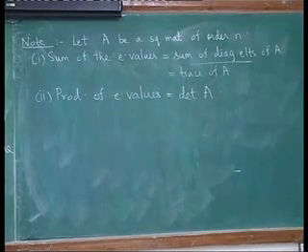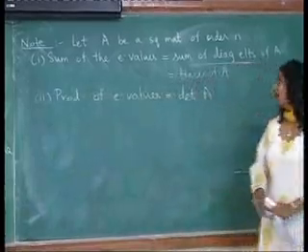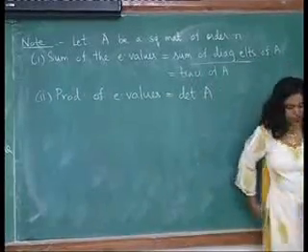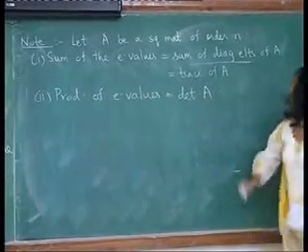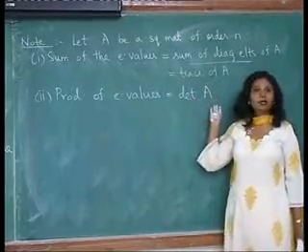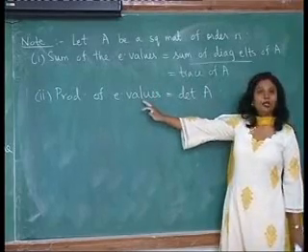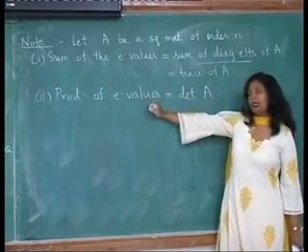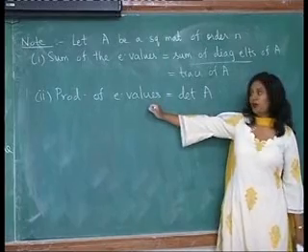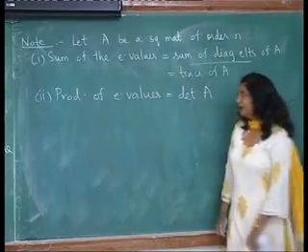So that should, by the way, tell you why an invertible matrix can never have 0 as an eigenvalue. Because if A is invertible, the determinant cannot be equal to 0. And if you want this product to be non-zero, each and every term in this product has to be non-zero. So an invertible matrix can never have 0 as an eigenvalue.